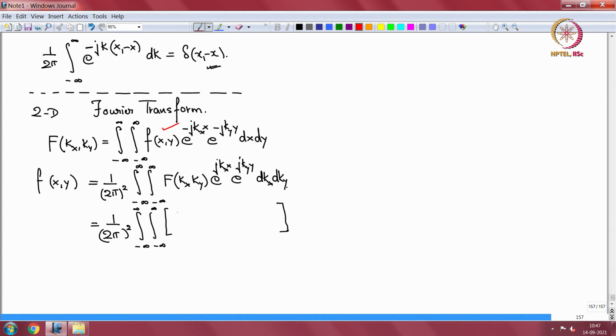I have the integral minus infinity to infinity of f of x1 comma y1 e to the power of minus j kx x1 minus j ky y1, dx1 dy1.